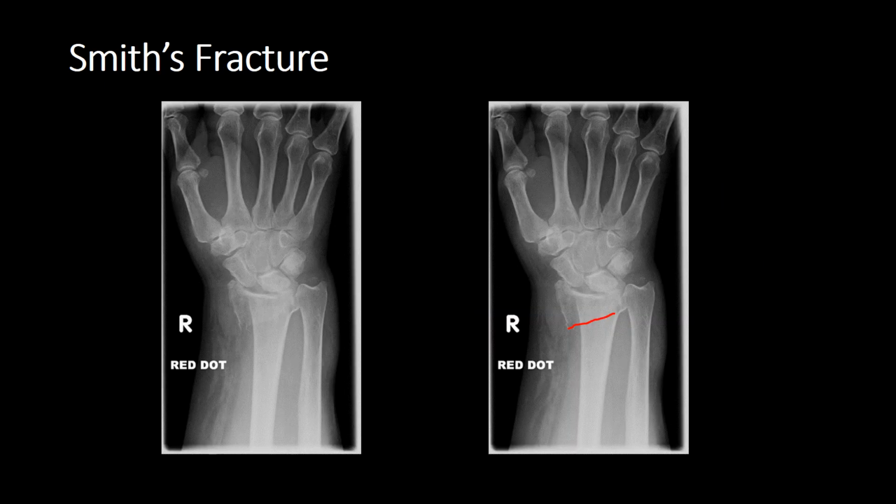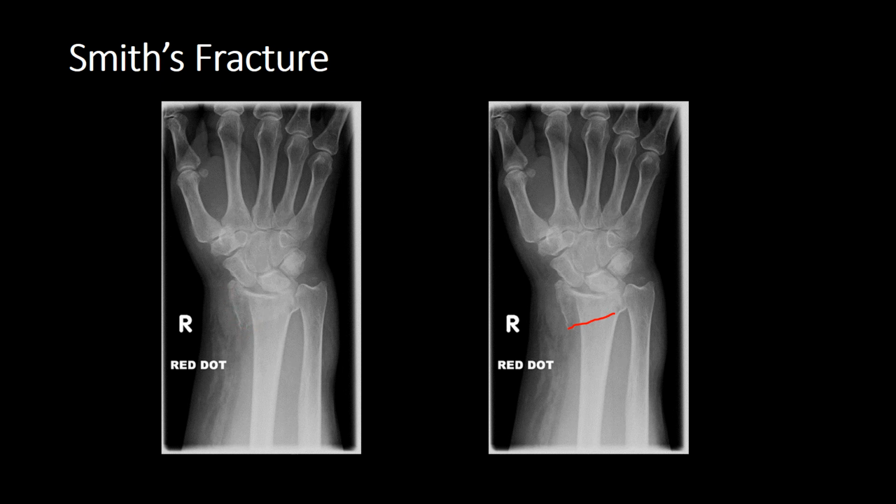And here we have a Smith's fracture on the PA view, and we can see how the fracture fragment has considerable overlap. And if we look at the DRUJ, we can see that the distal ulna, as it's positioned at this portion, and the radius that has been displaced or foreshortened so significantly, actually projects slightly inferior to the DRUJ. So therefore there's considerable foreshortening.